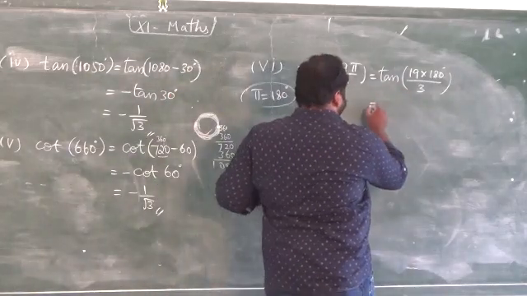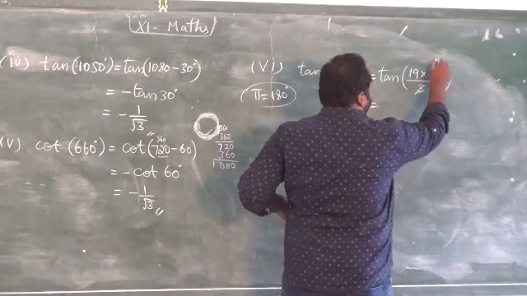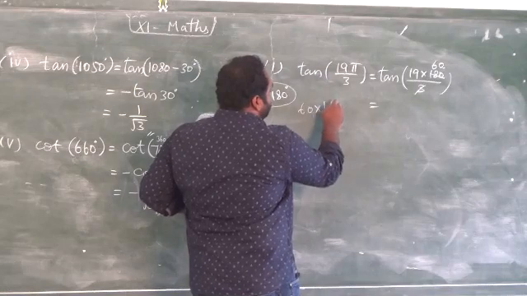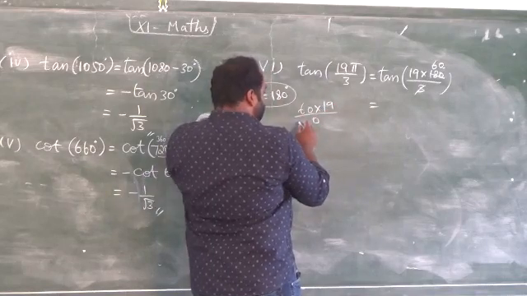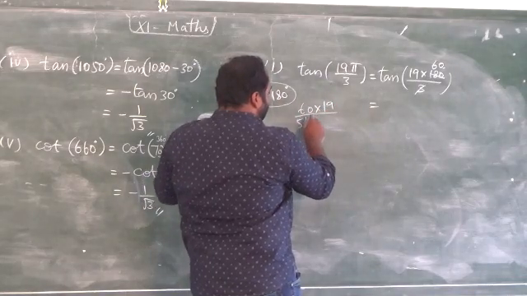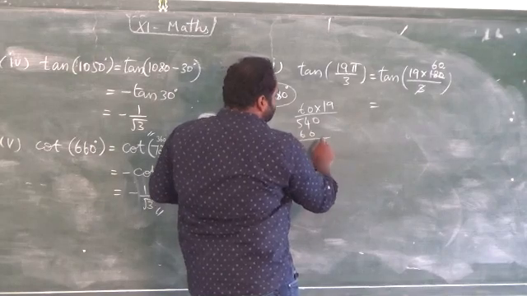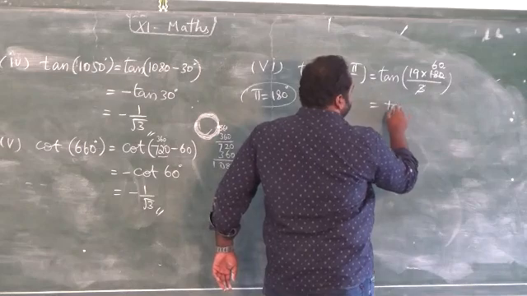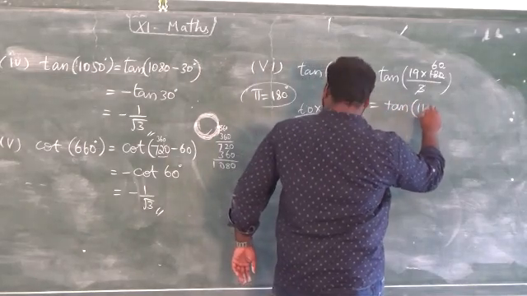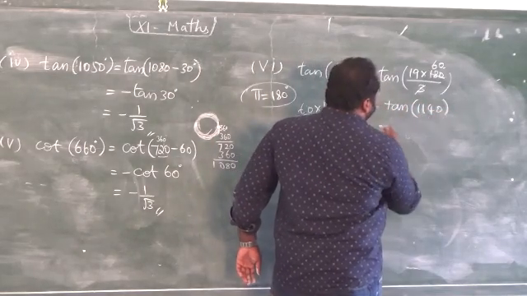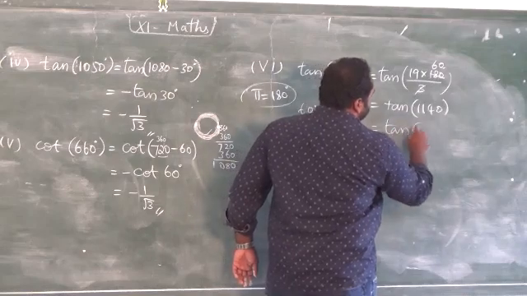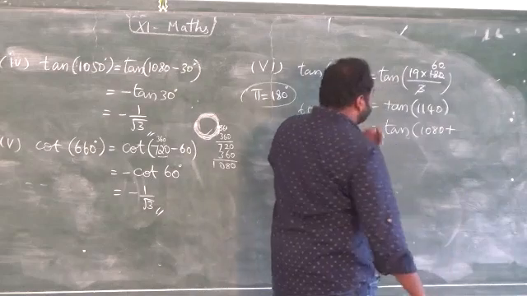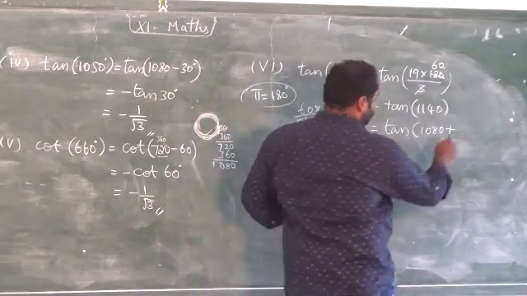Now we have a cancellation, 180 by 3 is 60 degree. So 60 into 19 gives 1140. This can be split as 1080 plus 60.